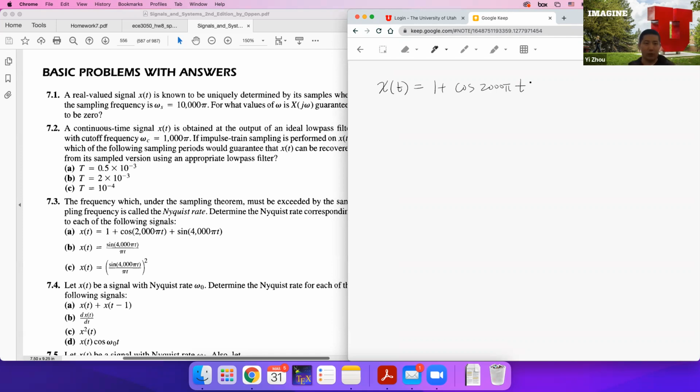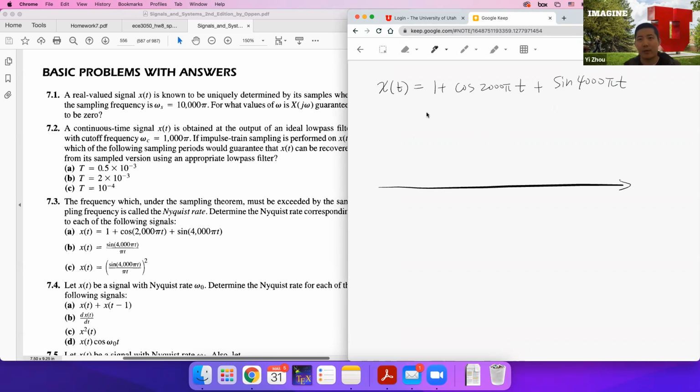The first one is cosine 2000 pi t, so the frequency is 2000 pi. The second one is sine 4000 pi t. You can plot the spectrum of x(t).